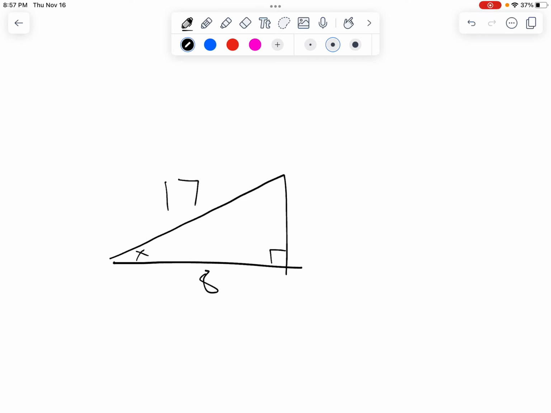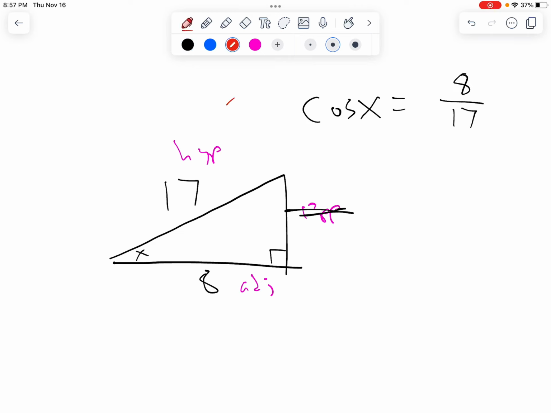Okay, so hopefully you had a chance to solve this out. This is our opposite, this is our hypotenuse, and this is our adjacent. So we decide opposite is not going to help us here. Hypotenuse and adjacent is cosine. So the cosine of x is equal to adjacent on top, hypotenuse on bottom. Now we want to get rid of that word cosine, so to uncosine it, we do this inverse cosine.